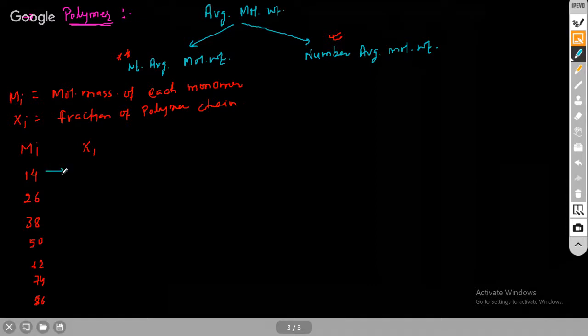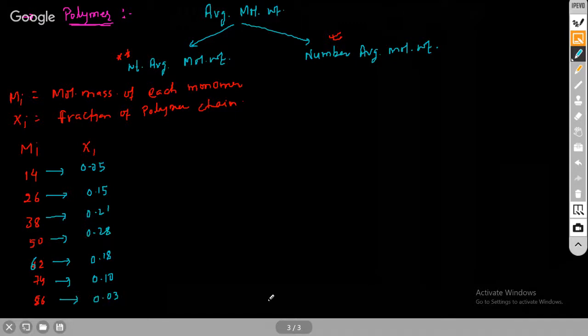Now for these monomers, the fractions are given: 0.05, 0.15, 0.21, 0.28 for 62, 0.18, 0.10, 0.03. Okay.